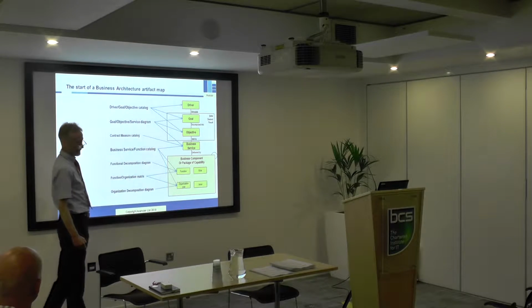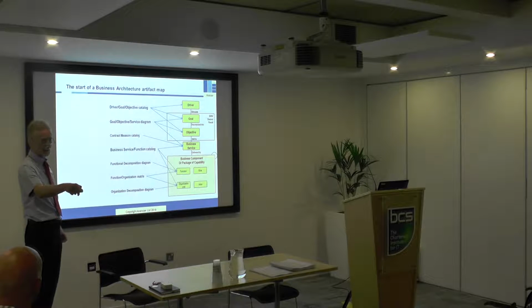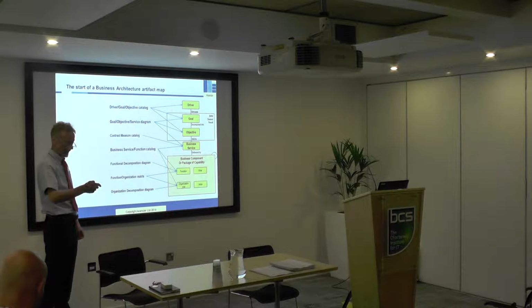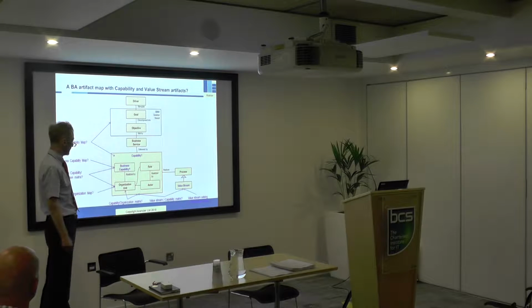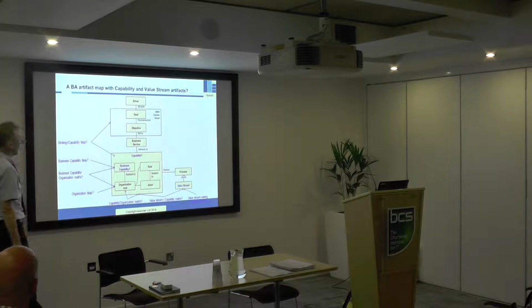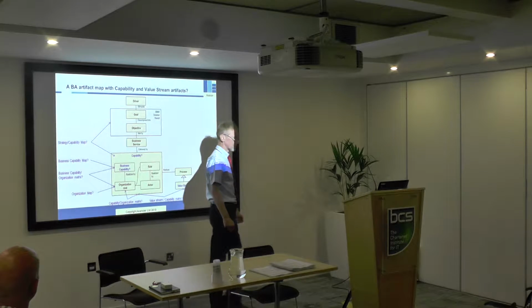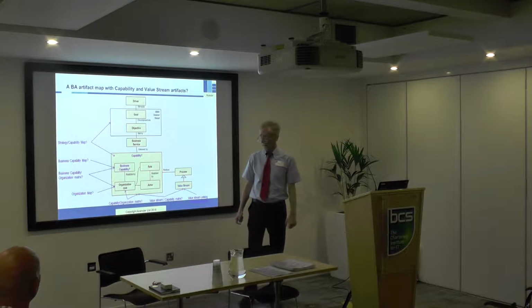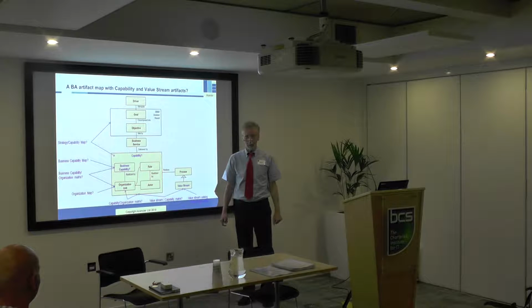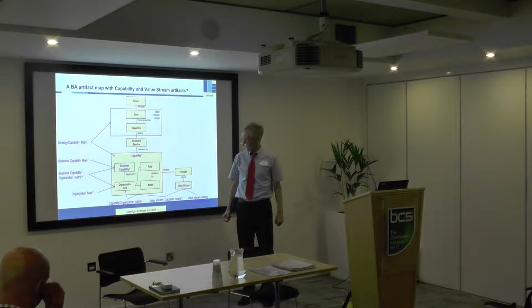I worked through the TOGAF 8 business architecture process in your handout, showing you how you can use ArchiMate. Unfortunately, in TOGAF 9.2, they've tried to please everybody by aligning with BizBok, or not really with BizBok, but with the Open Group's own version of BizBok. And they've introduced capability and value stream.